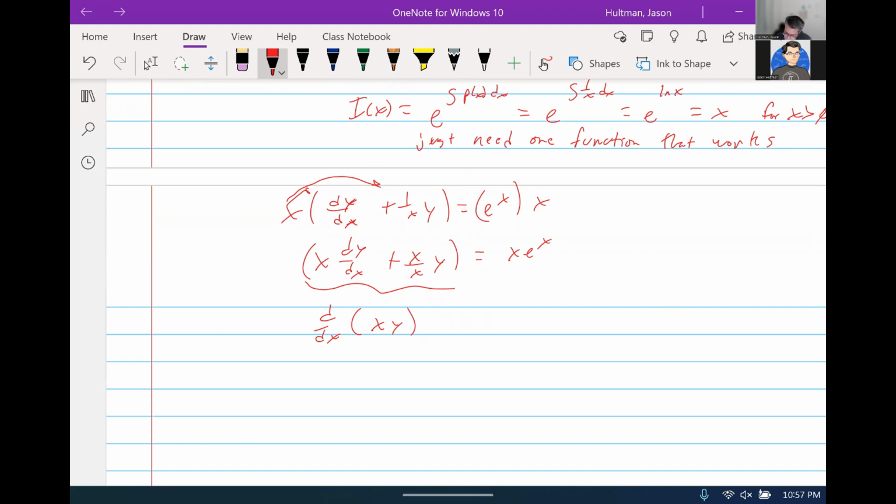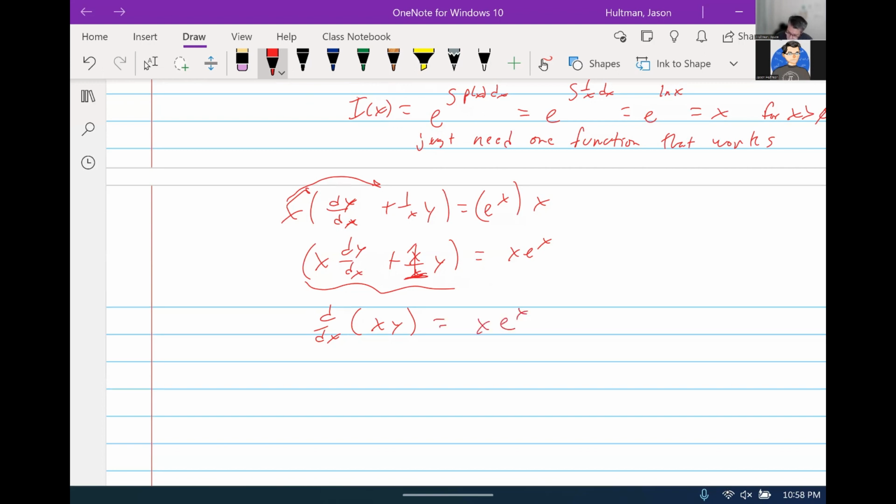If I take the derivative of my first function, that's 1, which is this x over x becoming 1, times my second value, which is y. So again, this does create the product rule.